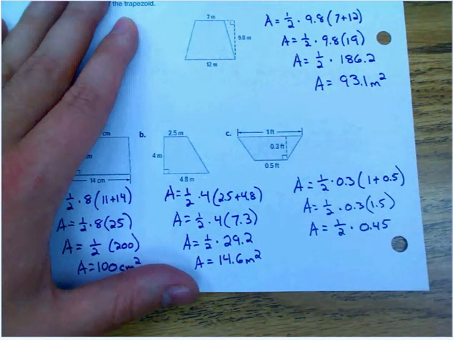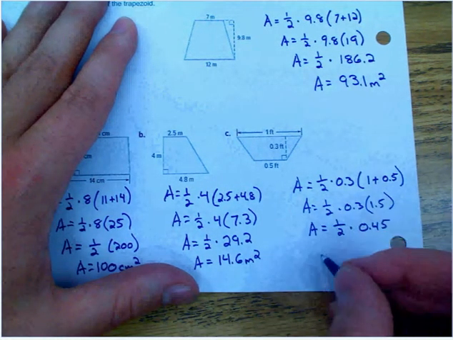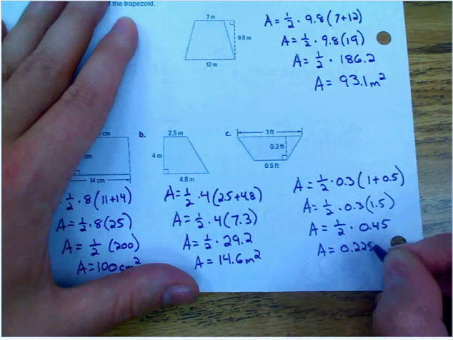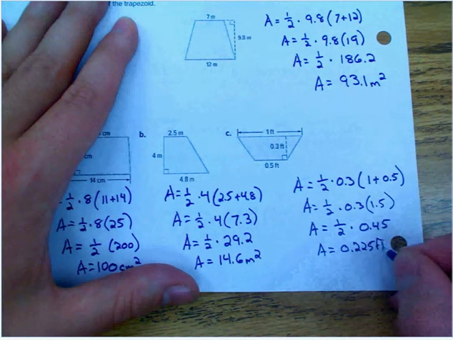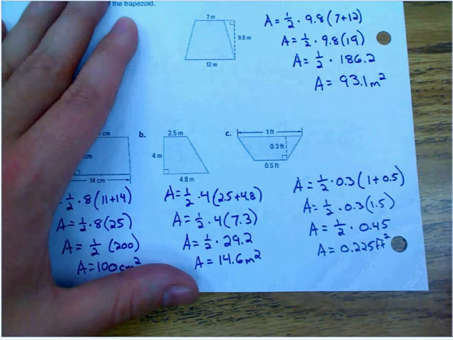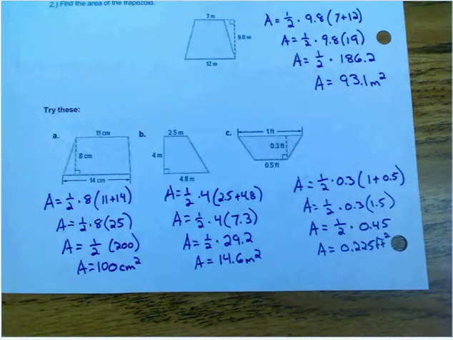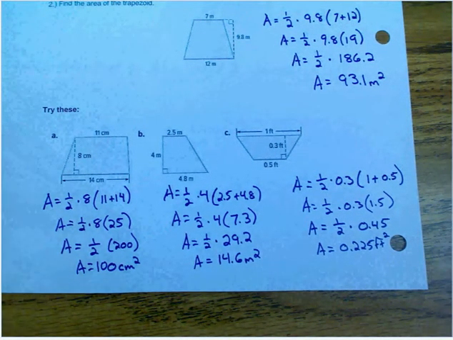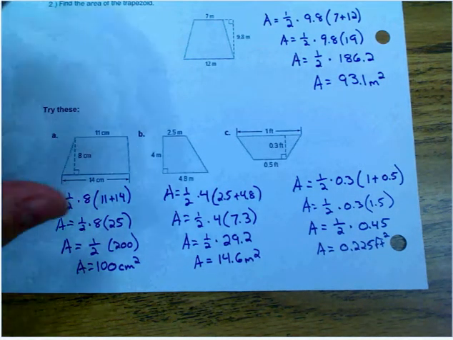And half of that is 0.225 feet squared. Double check your work, see where you may have made mistakes, and then we can move on to finding the missing height of our trapezoid.